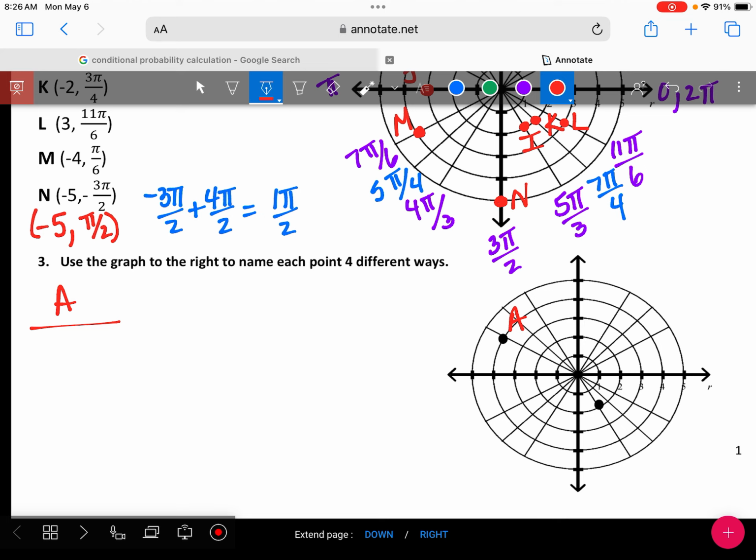And then I'll ask for some volunteers to share one or two ways that you named it. I came up with 4 ways, but that's not the only 4 ways you can do it. When I did my 4, I tried to do 2 with a positive radius, 2 with a negative radius, 2 with a positive angle, and 2 with a negative angle.